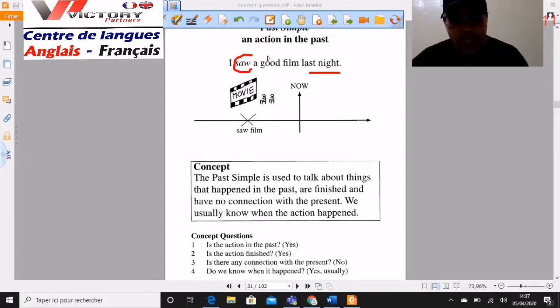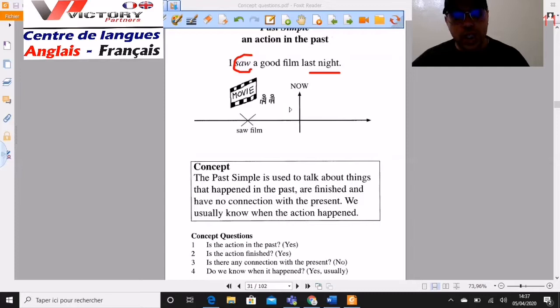So let's use these questions in order to understand the use of simple past more clearly. Is the action in the past? Yes, it is in the past. Is the action finished? Yes, it started and finished last night. Is there any connection with the present?